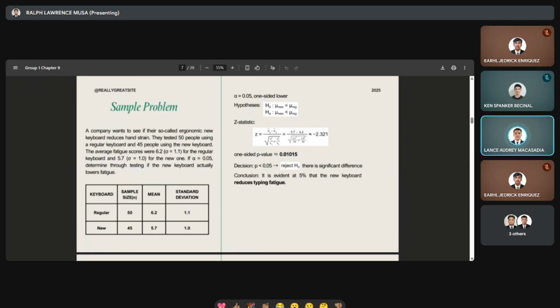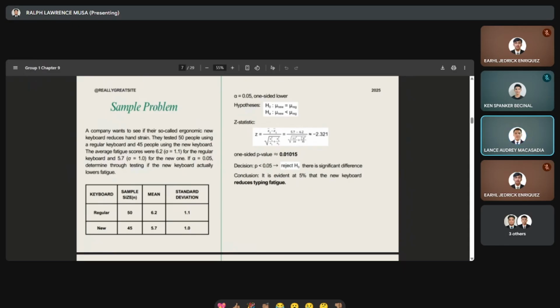We use a two-sample z-test for comparing means since both sample sizes are large. So substituting the values, z equals 5.7 minus 6.2 all over the square root of 1.0 squared over 45 plus 1.1 squared over 50. So the result is negative 2.321.